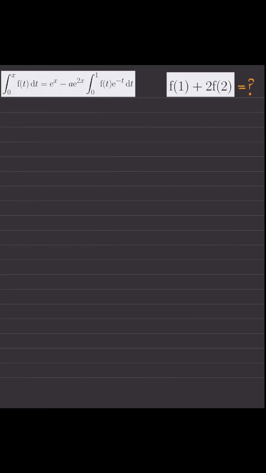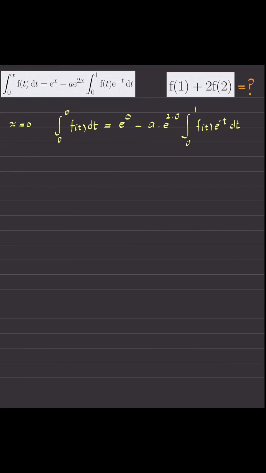So if I choose x to be 0, then the left-hand side becomes integral from 0 to 0 of f of t dt. And everywhere I see x, I put 0, so it becomes e to the power 0 minus a times e to the power 2 times 0, and then integral from 0 to 1 of f of t e to the power of minus t dt.